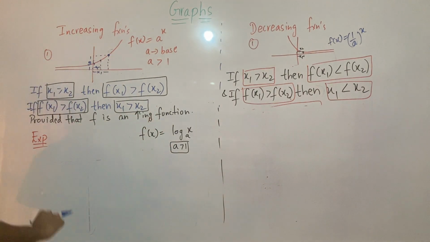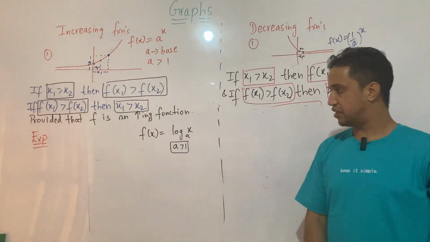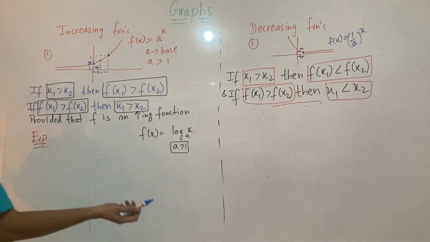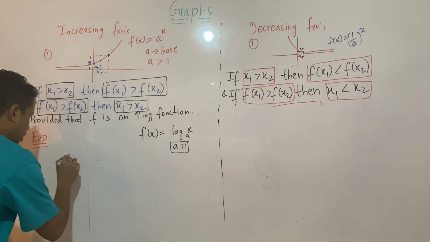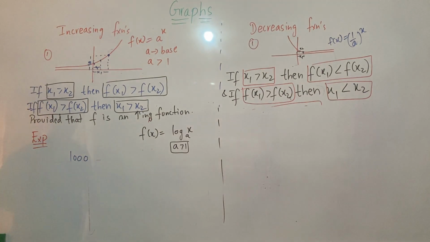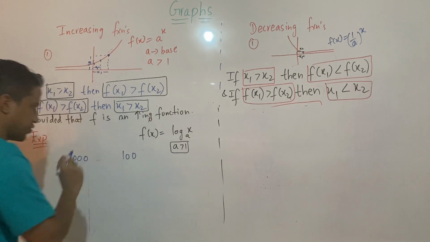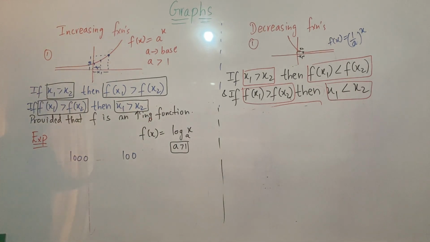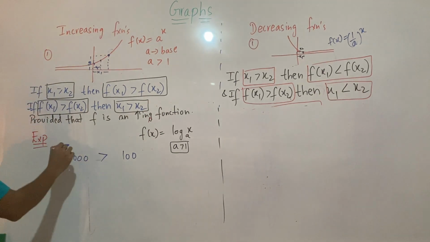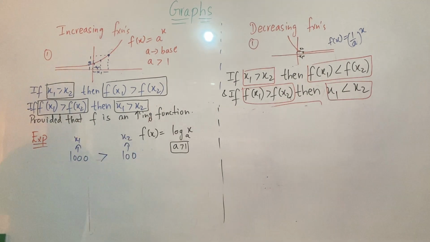For example, I will take 1000 and 100. Clearly 1000 is greater than 100, so this is my x1 and this is my x2.